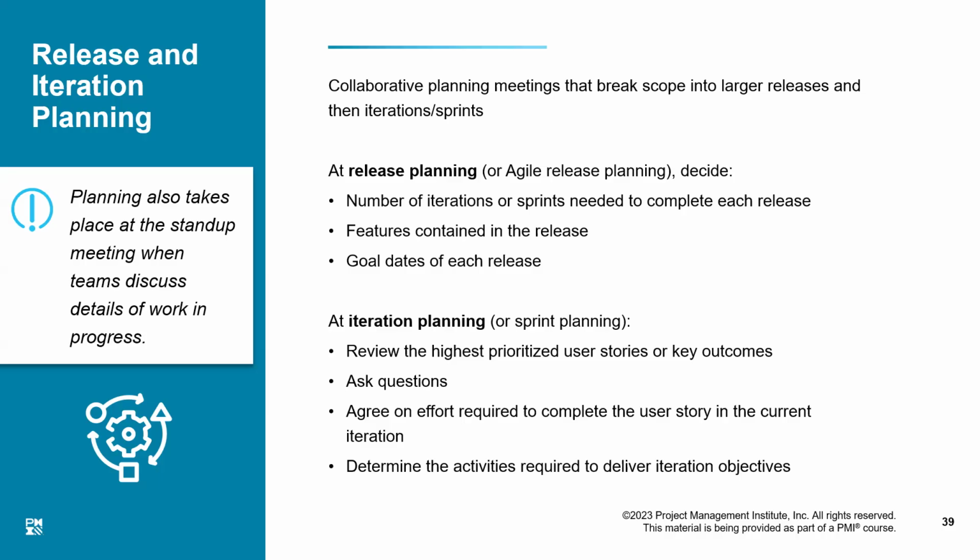For example, let me show it to you. You have the start and end of the project. And this is your agile project. The customer wants the release points to be like this.